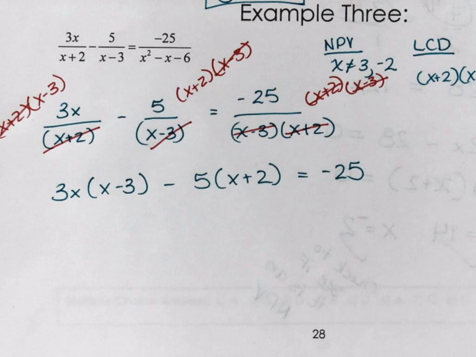Okay, what's your LCD? X plus 2, X minus 3. Correct. LCD. X minus 3, X plus 2. We moved on. We moved downstairs.